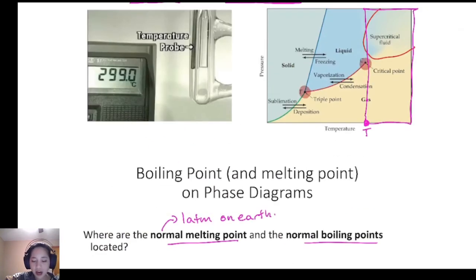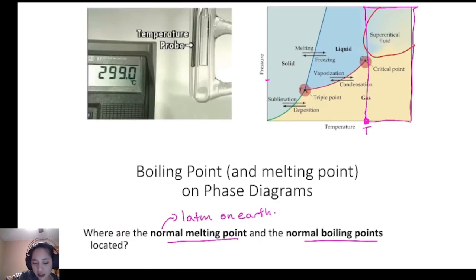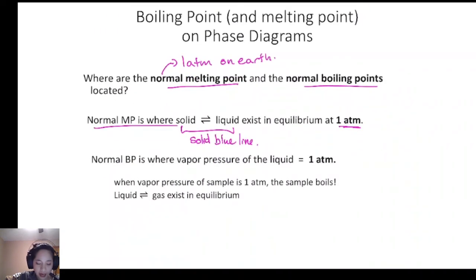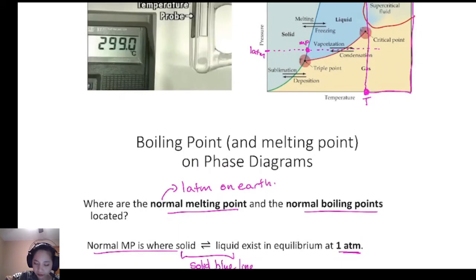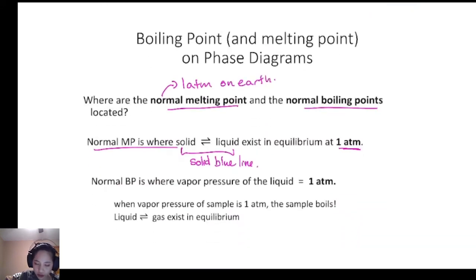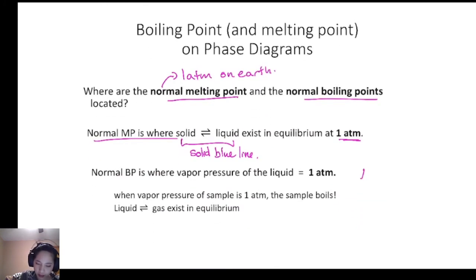I don't have this to scale, but let's pretend right here is 1 atm. Everything along this line right here will be our liquid to solid, so this is our melting point. And then our normal boiling point is where the vapor pressure of the liquid is 1 atm. So that would be right here, on the liquid-gas line. When the liquid-vapor sample is at 1 atm, the sample boils.